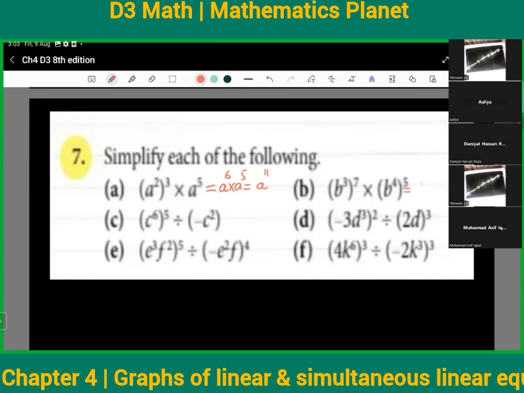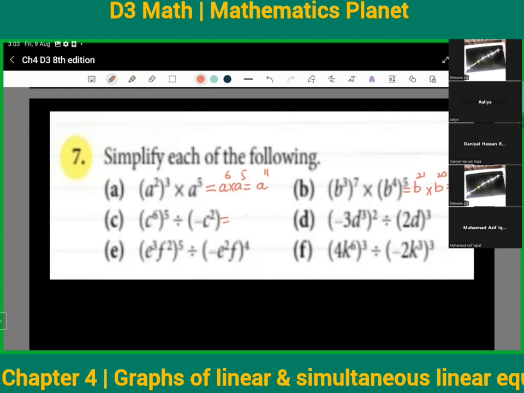Yes, Daniel. b to the power 21 multiplied by b to the power 20, b to the power 41. Good.